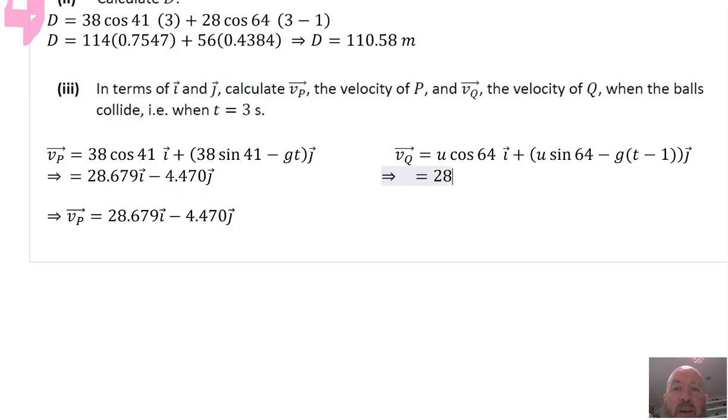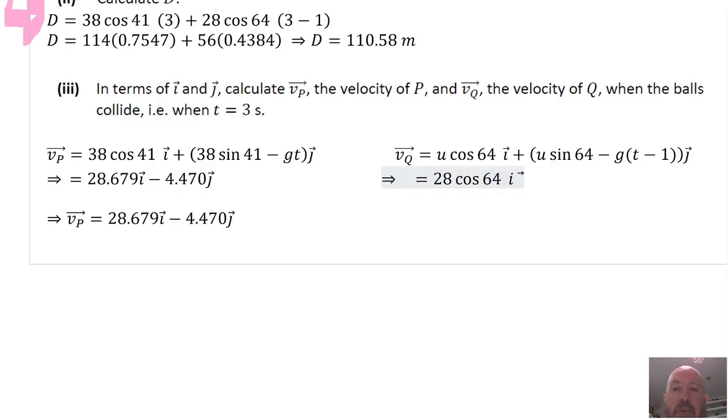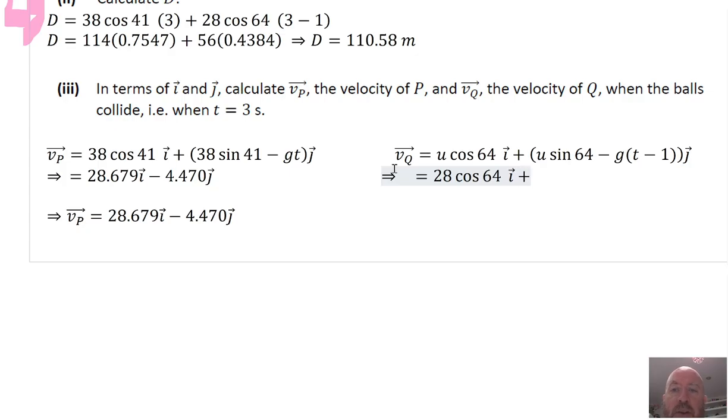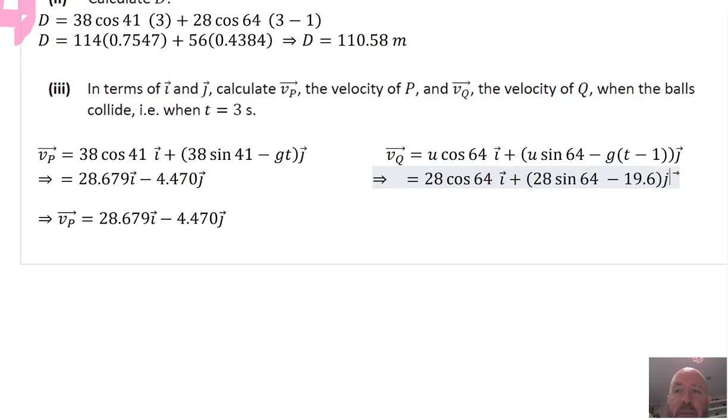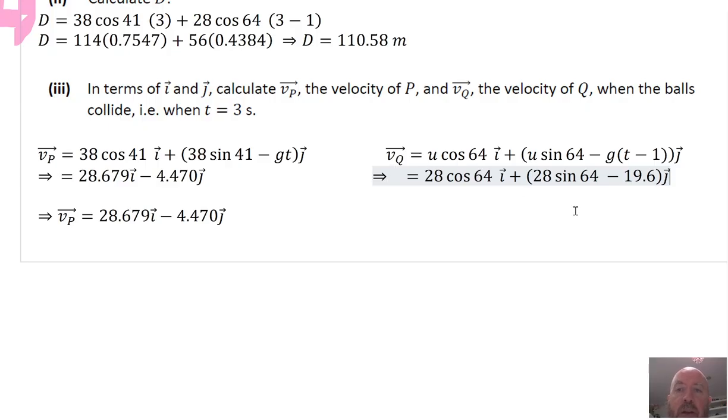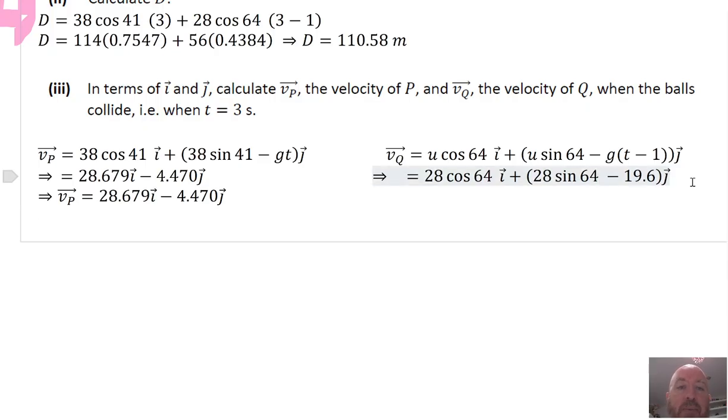So that's 28 cos 64 i plus 28 sine 64 minus, t minus 1 is 2, so minus 2g, so that's 19.6, 9.8 by 2, j vec. Okay, so that's the first step of making sure I get this stuff right.